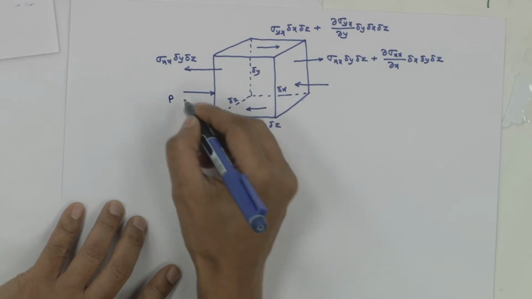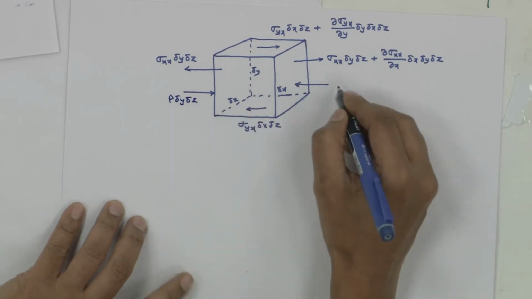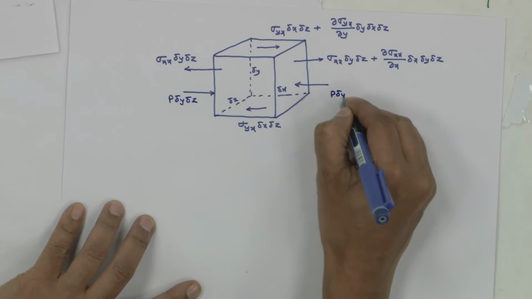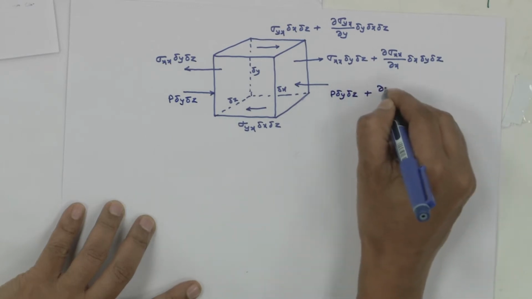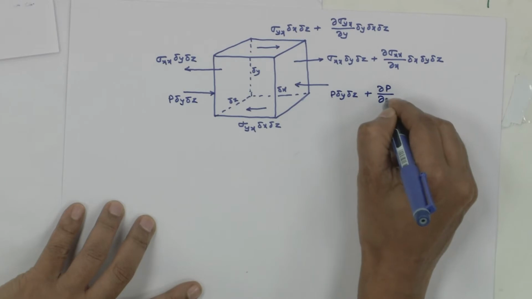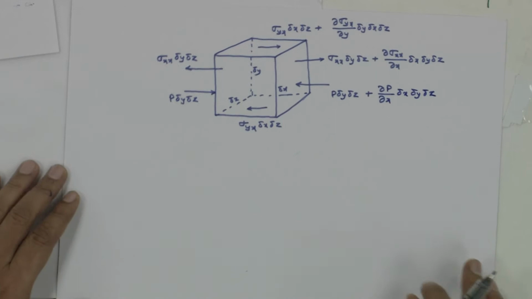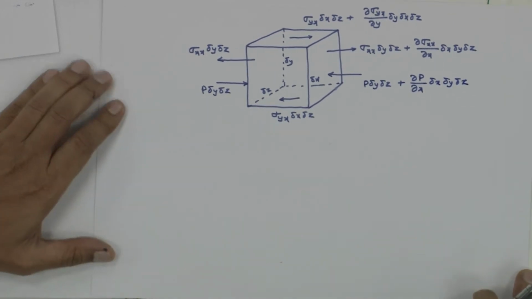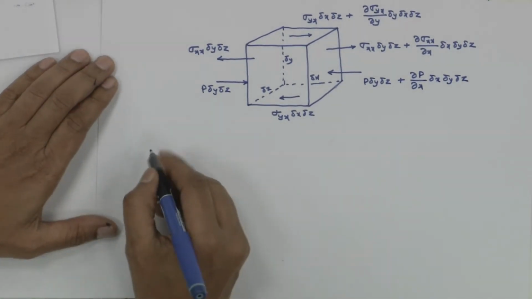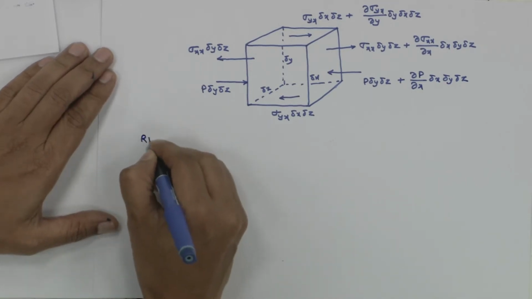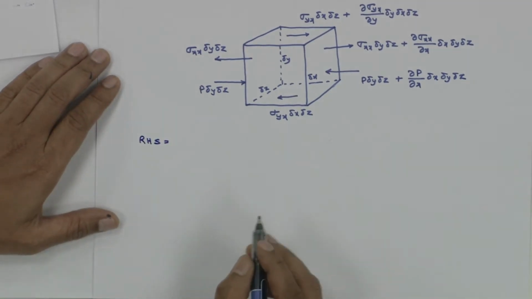So we will have to be comfortable answering this, because pressure is the interaction of the molecules onto this fluid element. So you have P into delta y delta z, and this is P into delta y delta z plus del P by del x delta x delta y delta z. Now if you just do this bookkeeping, so that is right hand side equal to sigma FCV.